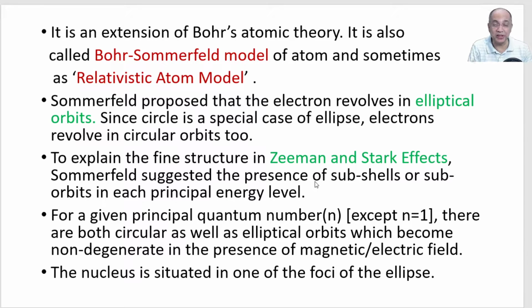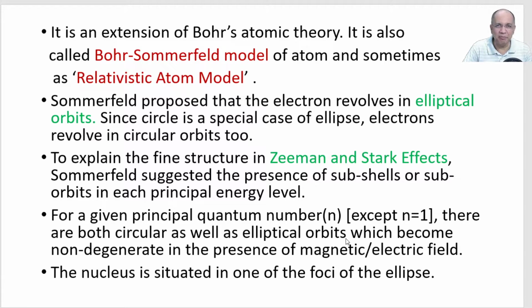But he proposed, yes, each cell is composed of some sub-levels, sub-energy levels or subcells. That idea was first given by Sommerfeld. For a given principal quantum number, only the principal quantum number was known in Bohr's atomic theory.